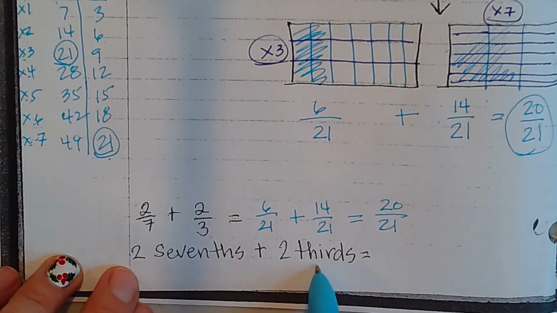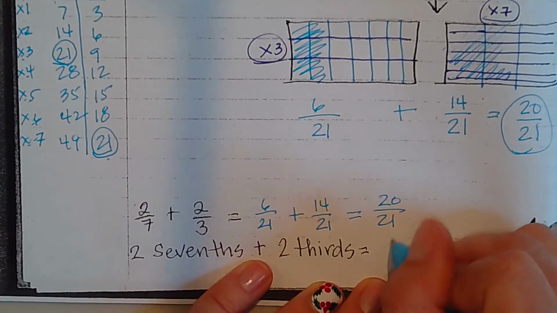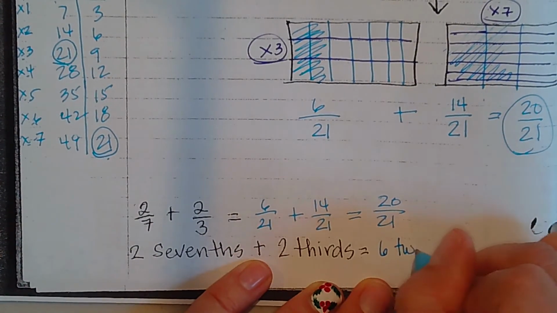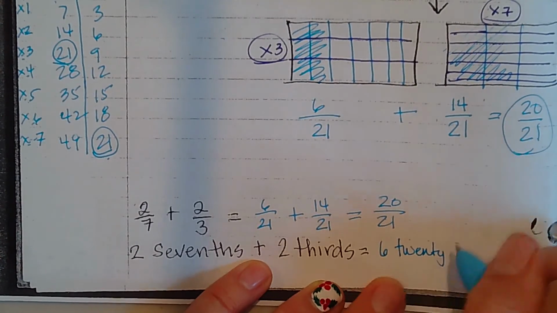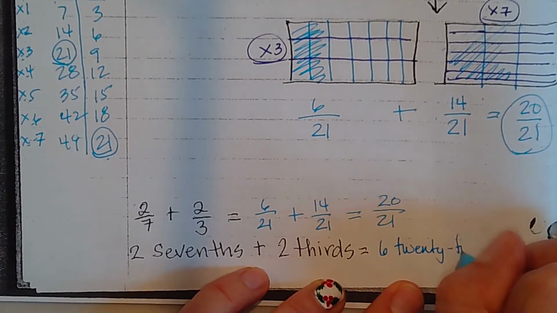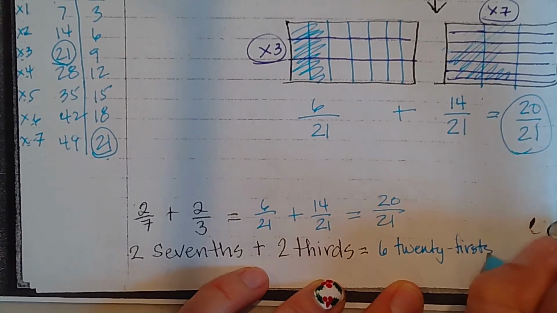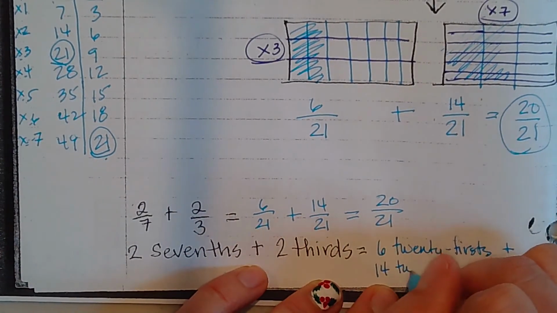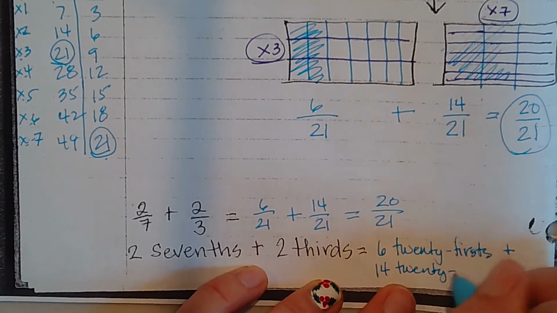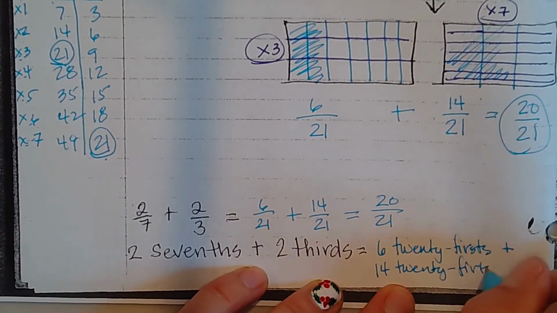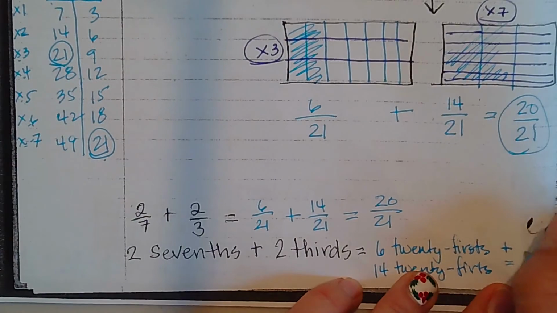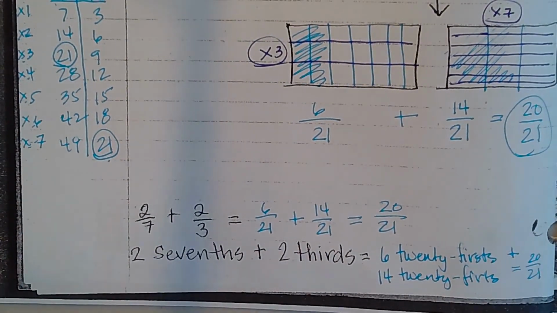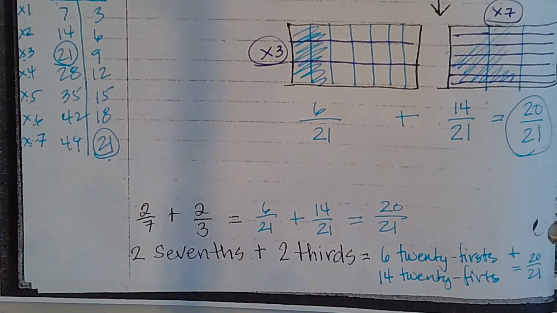So 2 7ths plus 2 3rds is equal to 6 21st plus 14 21st is equal to 20 21st. Okay? All right, so now we're going to go back.